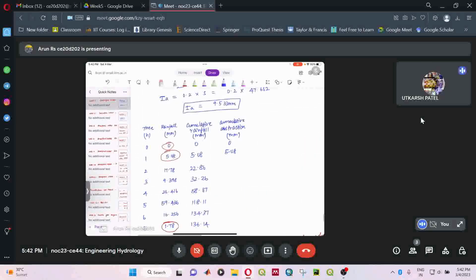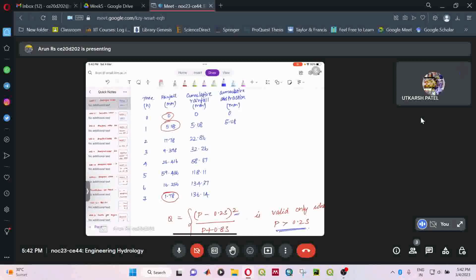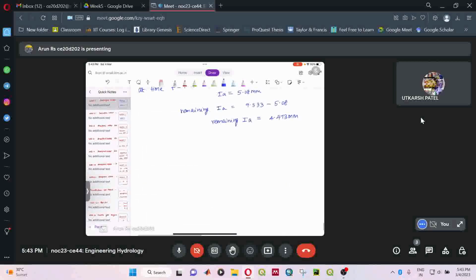So from the first hour to the second hour, whatever is the rest will be satisfied in this time interval. Between 1 and 2, the remaining abstraction will be satisfied.